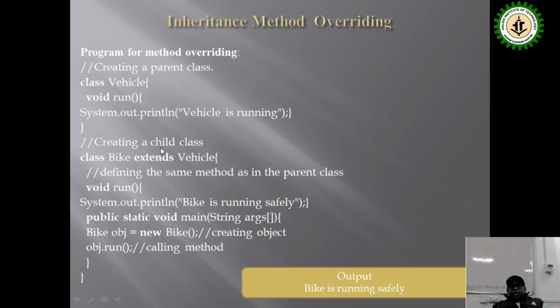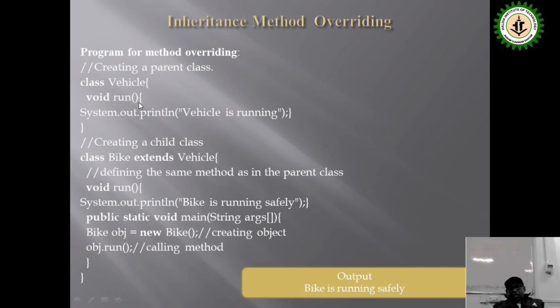Now I am creating a child class. Class bike. Bike is the child class. Bike is also a vehicle. So bike is the child class. Bike extends vehicle. Here is the same method name, void run. Void run already exists in the parent class.